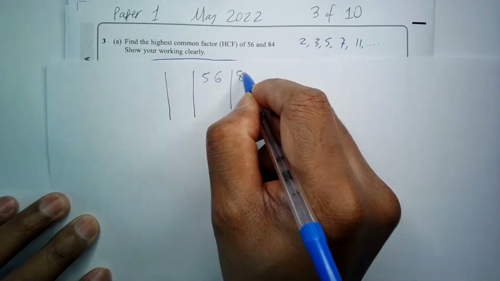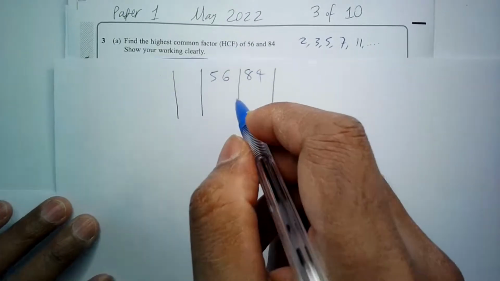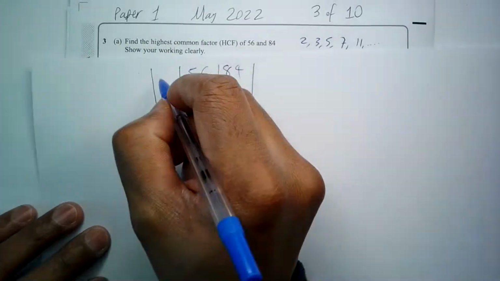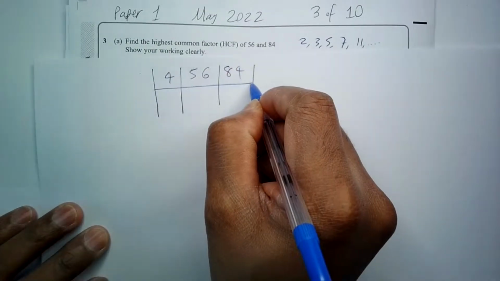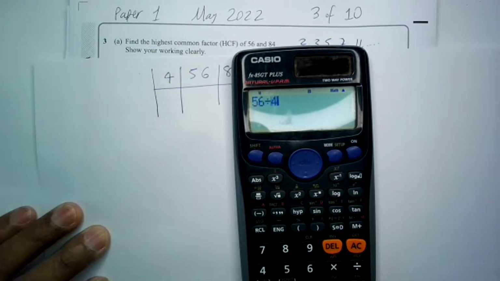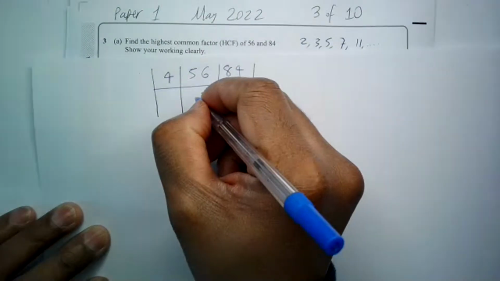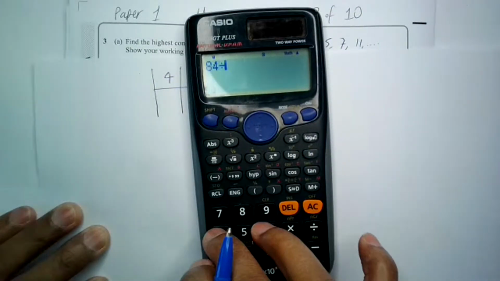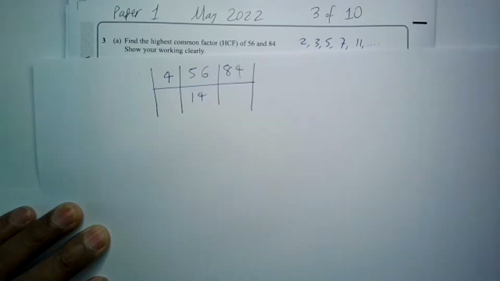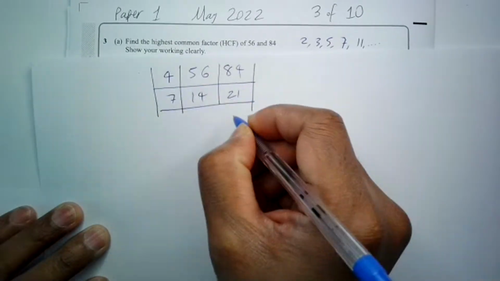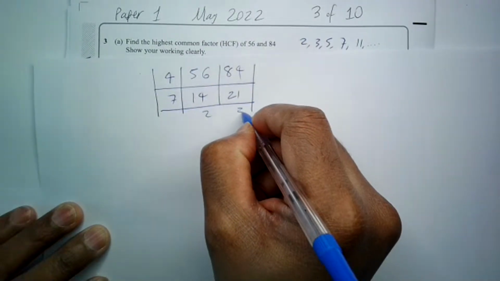Instead of looking at these, I could have said 4 goes into both of them. So if I divide by 4, 56 divided by 4 gives us 14. And then 84 divided by 4 gives us 21. And then I can see I can divide by 7, giving 2 and 3.